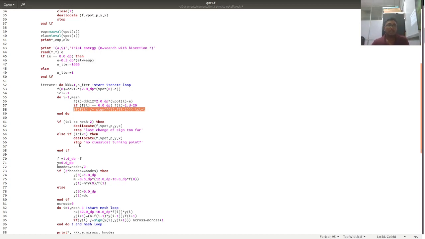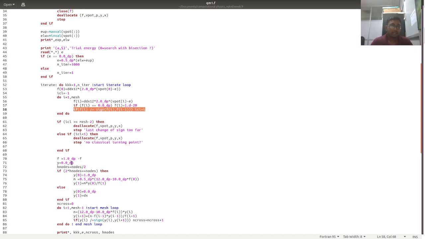it is asking that we have a total number of mesh points, and if this number of nodes is much higher than mesh minus 2, then we will say that the node is at a much higher point which we are not going to consider. And we will deallocate our arrays.